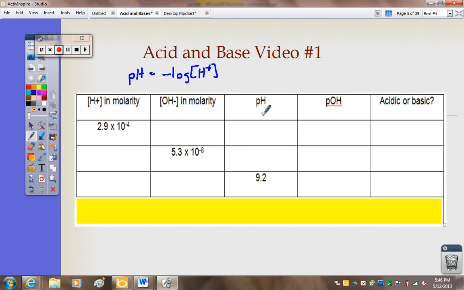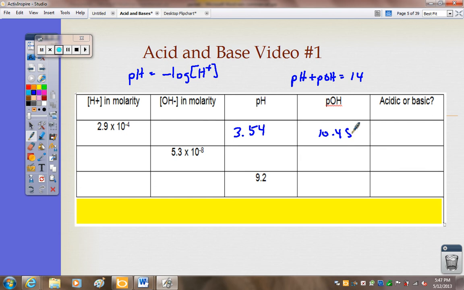And when you do, you should get an answer of 3.54 pH. Now from pH, you can get to pOH, because pH plus pOH is equal to 14. So by plugging it into the formula, we find a pOH of 10.48.